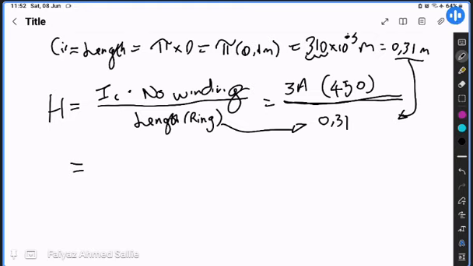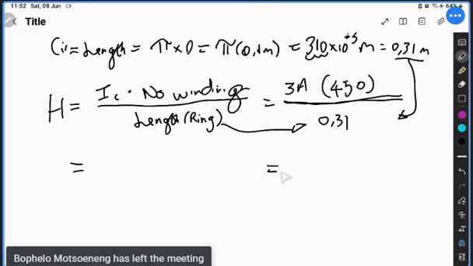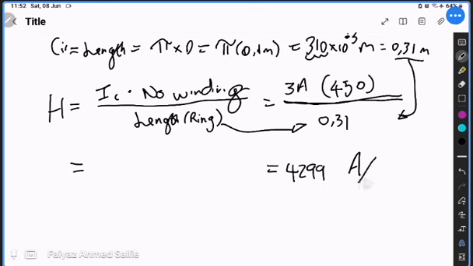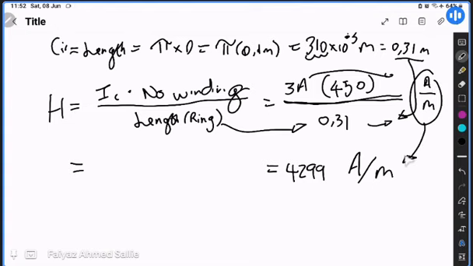We have an answer of 4299 amps per meter. So remember that this is amps and this is meter, so amps per meter. I think they give you half a mark or 1 mark if you don't put this unit in. Most likely even zero, depending on the lecturer, you might just ignore it if you don't have units. So make sure for electro and physics and fluids that you have the correct units in there.